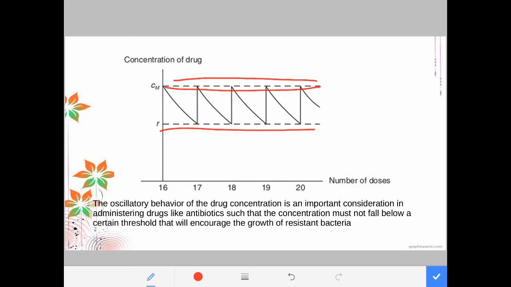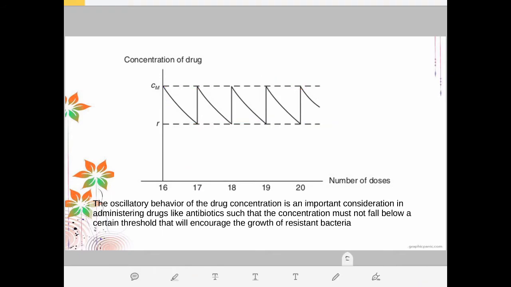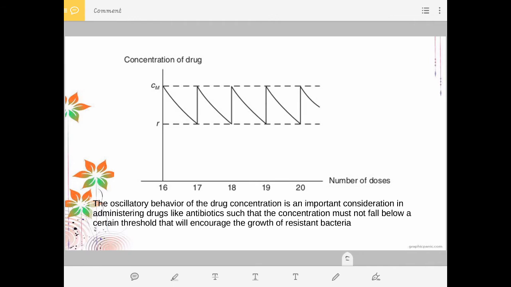At the same time, if the drug concentration falls below the R, the threshold value that we wanted, now, since it's a very small amount of antibiotic, it becomes ineffective in combating the pathogenic bacteria. And what happens? The pathogenic bacteria will develop a resistance. And we do not want that because it will become very difficult.